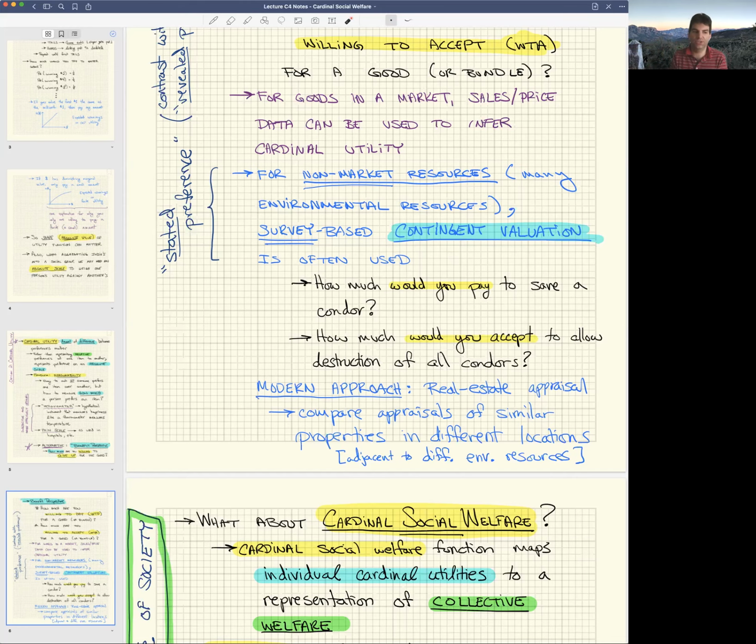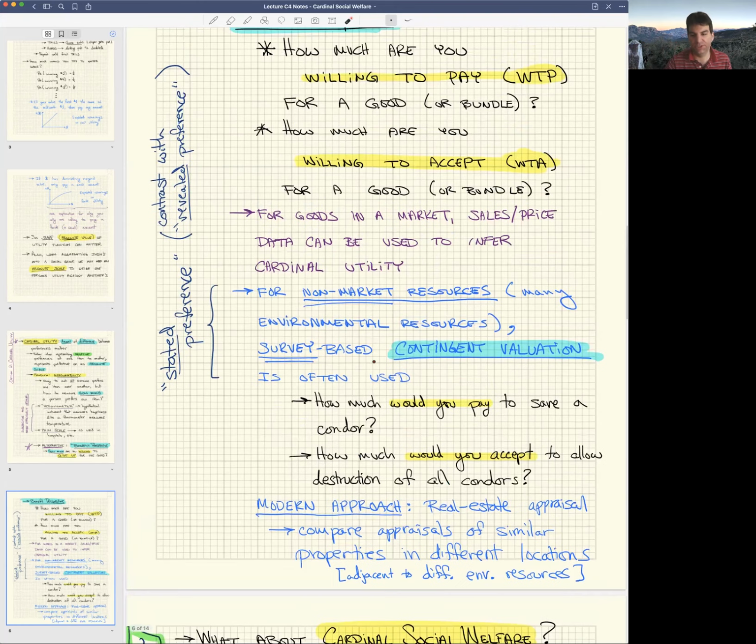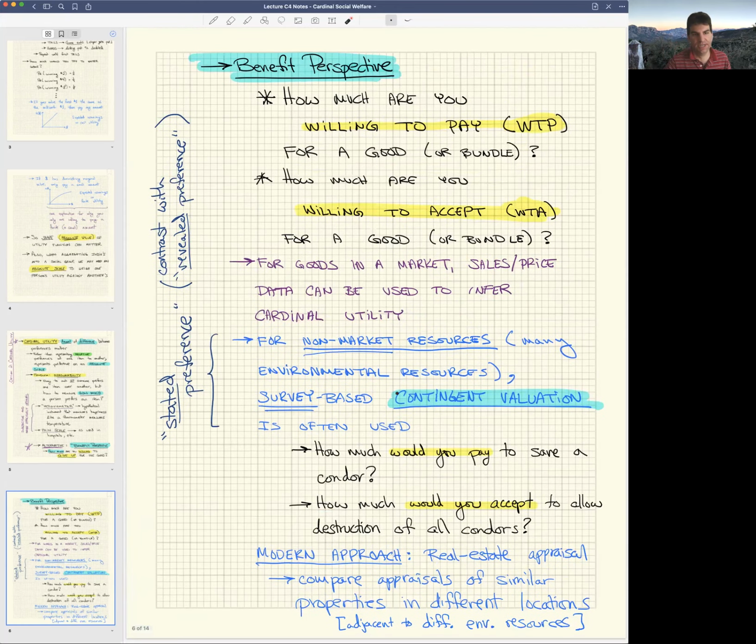So that's the modern way to do stated preference, these kind of contingent valuations, is through real estate appraisals. So that's how we can start estimating the cardinal utility of an individual, or for an individual.